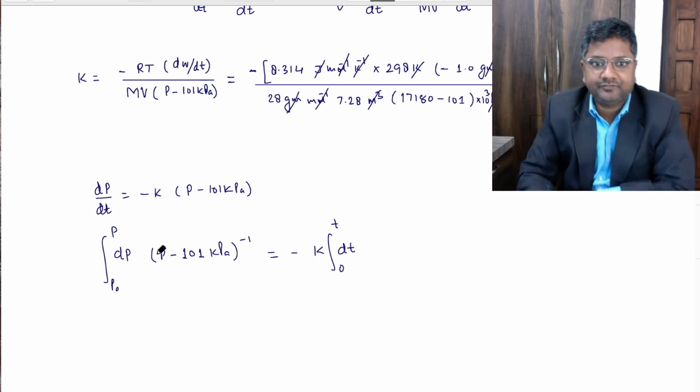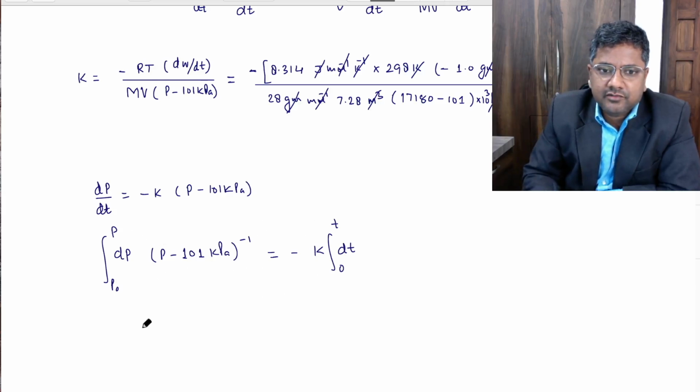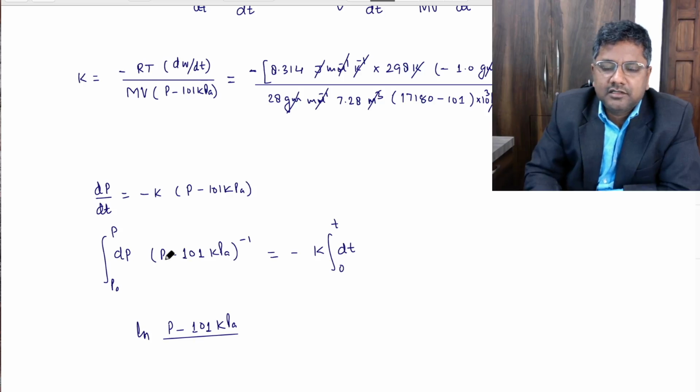What is the integration of this? The integration gives ln of (P minus 101 kilopascal) divided by (P naught minus 101 kilopascal), where P naught is 17180.